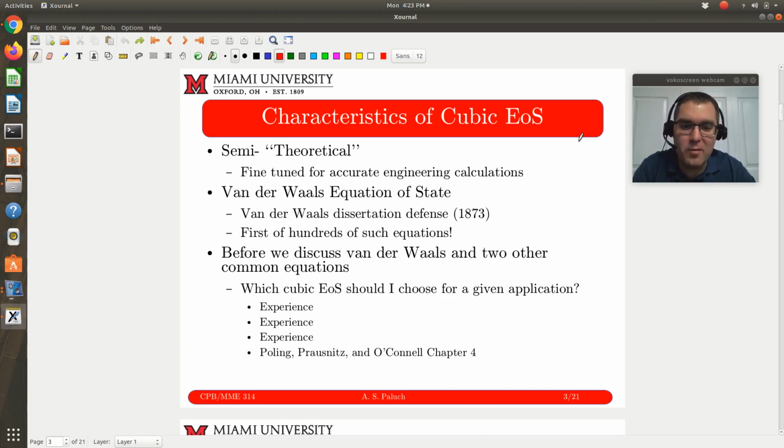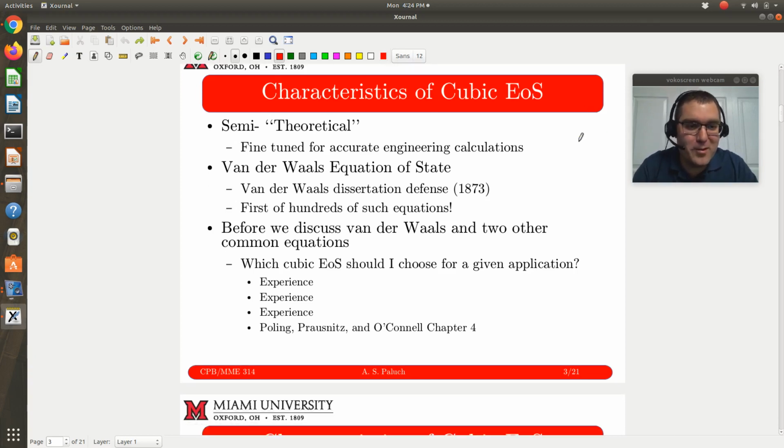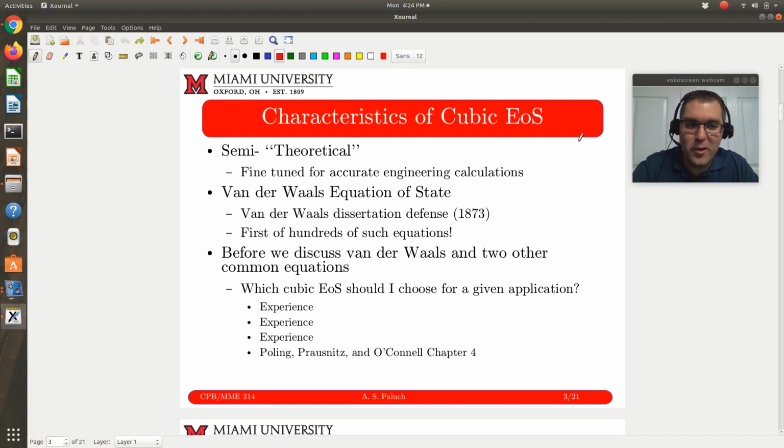For example, Peng-Robinson, which will come up, was optimized for applications in the petroleum industry by Robinson, who is a professor at the University of Alberta. Okay. So, experience. I always like to tell students in class, that's why you get paid more the longer you're at a company, right?